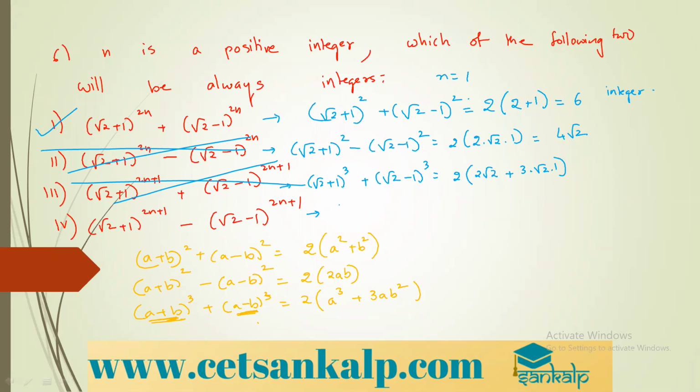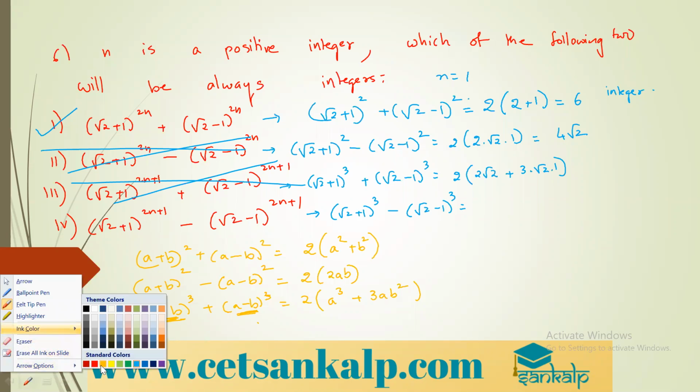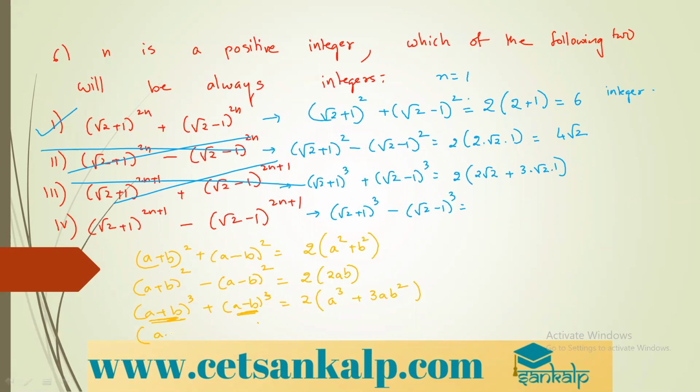The last one, I will have (root 2 plus 1) whole cube minus (root 2 minus 1) whole cube. For this also, there is a formula. (a plus b) whole cube minus (a minus b) whole cube is 2 times (3a square b and then b cube).